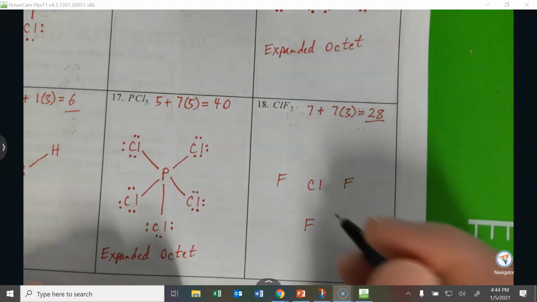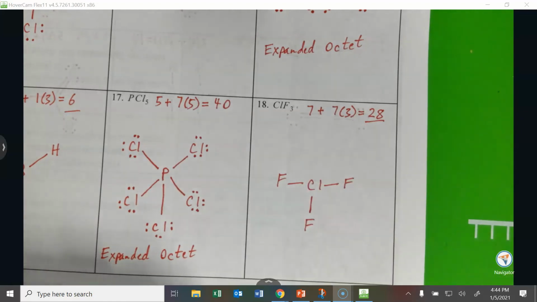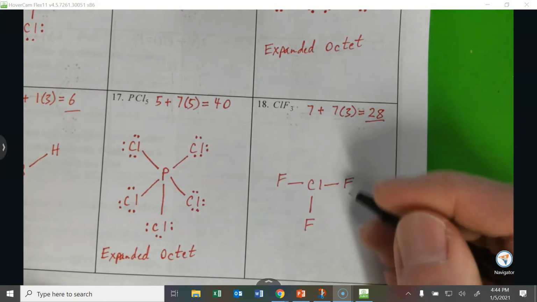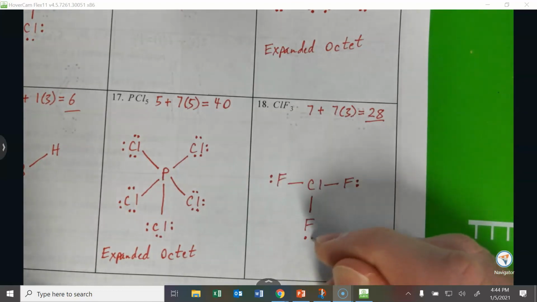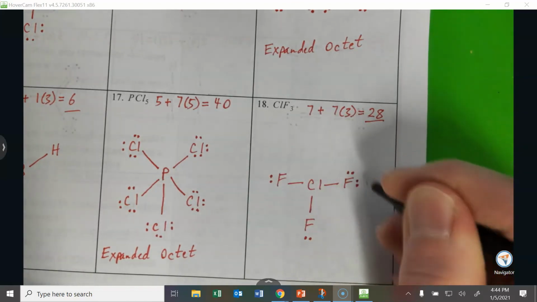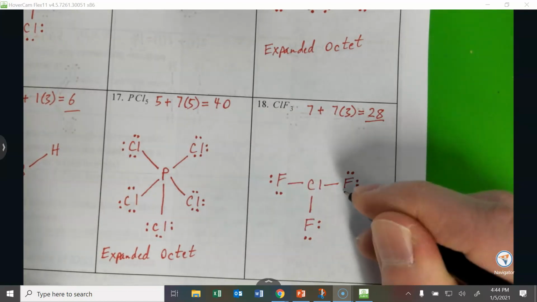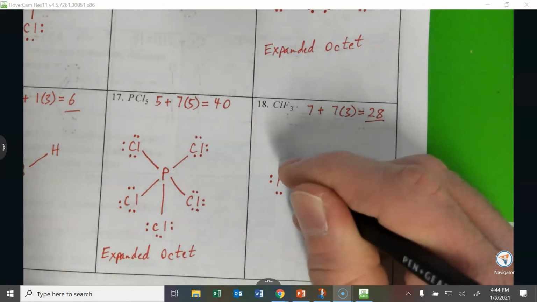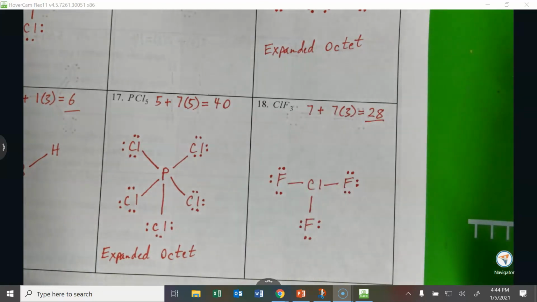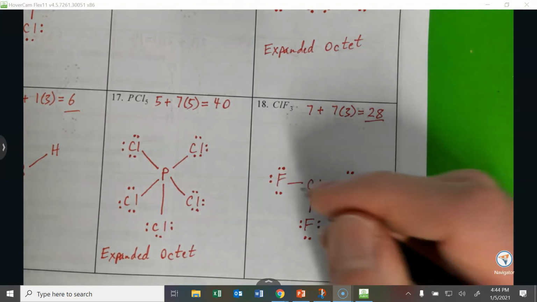Let's start by finishing our skeleton. 2, 4, 6. Go to the outsiders. 8, 10, 12, 14, 16, 18, 20, 22, 24. Got a couple more pairs left, so they go in the central atom.